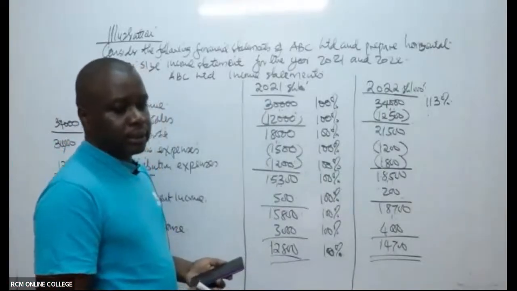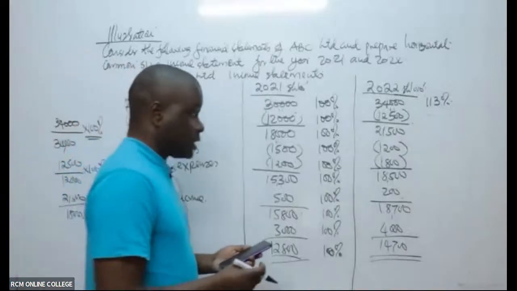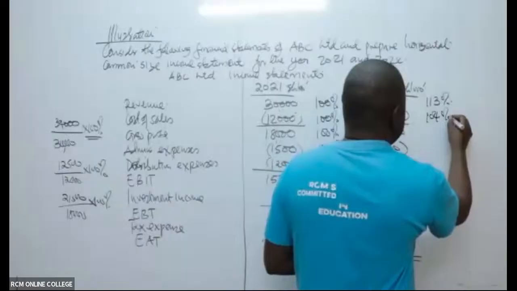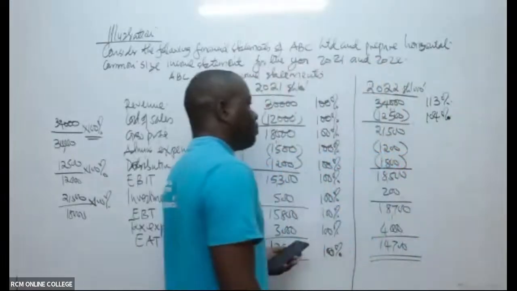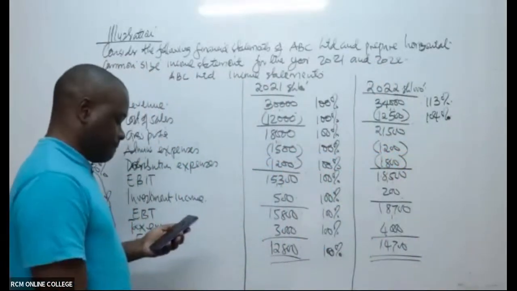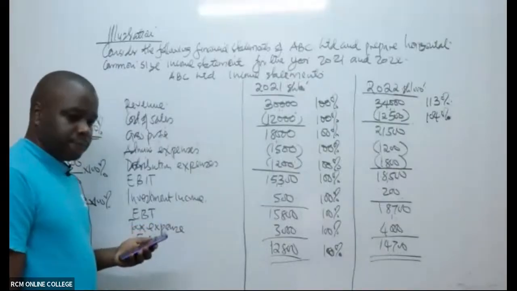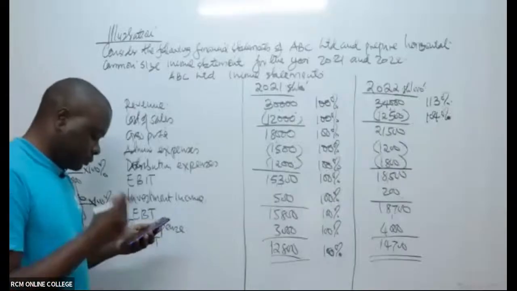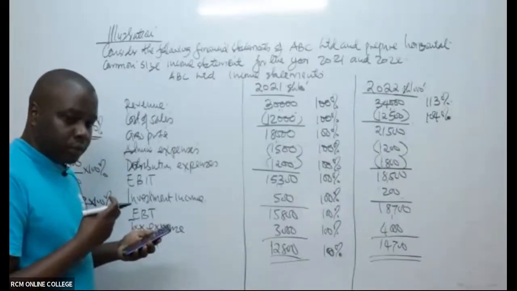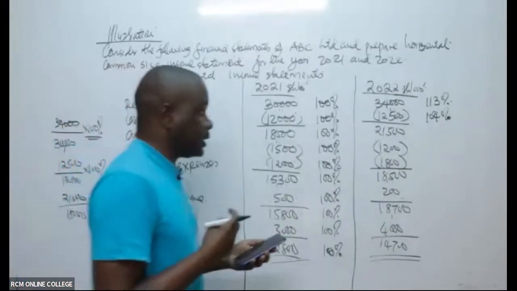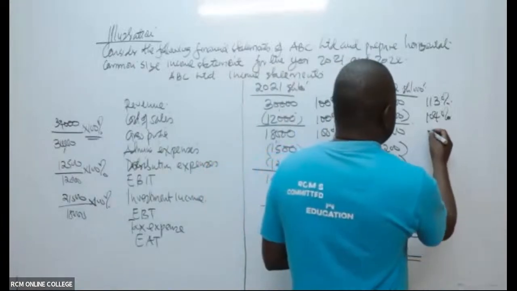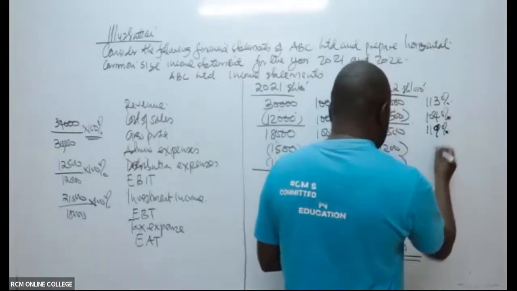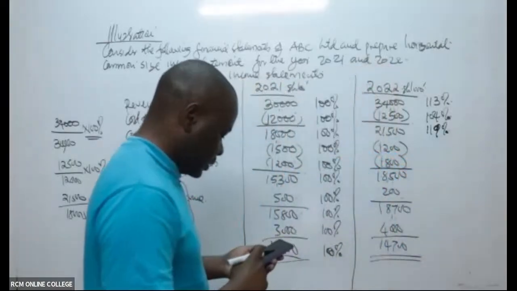I can see you're saying 104%. So let's hope it's correct. What about the gross profit? I can see you're saying 119%.